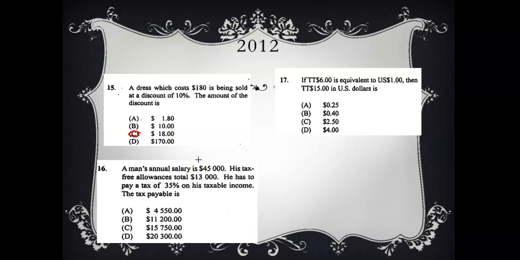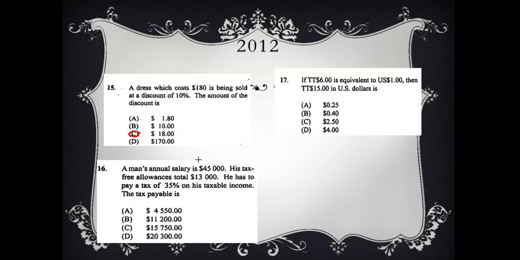Number 16, a man's annual salary is $45,000. His tax-free allowances total $13,000. He has to pay a tax of 35% on his taxable income.